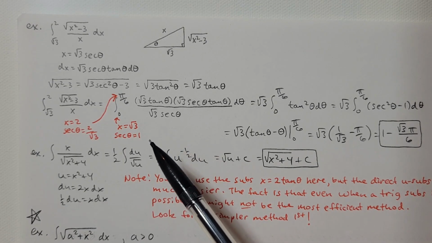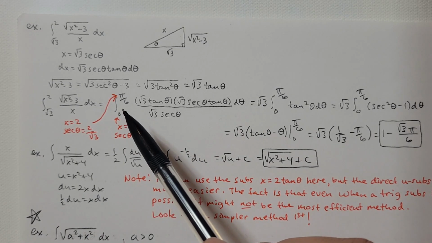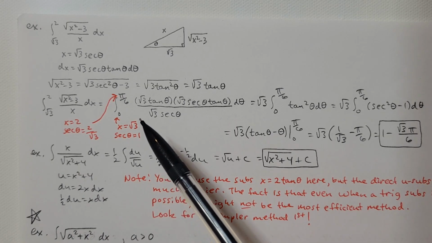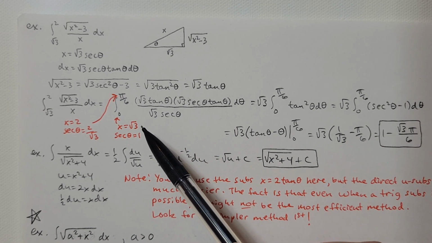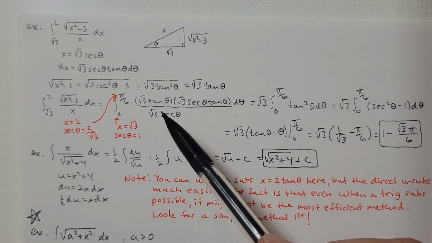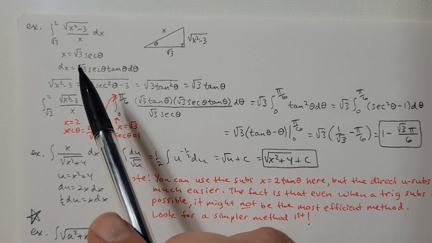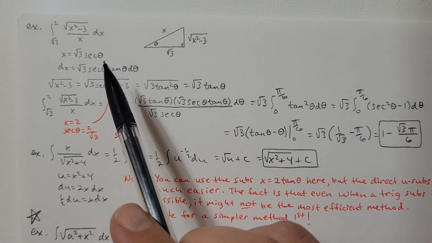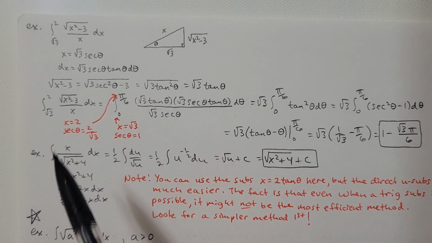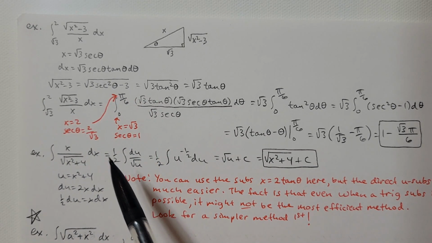So, we always need these three items to make our substitution, okay? Now, this is a definite integral, so I'll also need to switch the bounds. If I don't switch the bounds, then I'm mixing x and theta, and that's bad. That will give me a wrong answer, okay? So if x is 2, let's see, I got 2 equals root 3 secant theta. Well, secant theta would be 2 divided by root 3, okay?